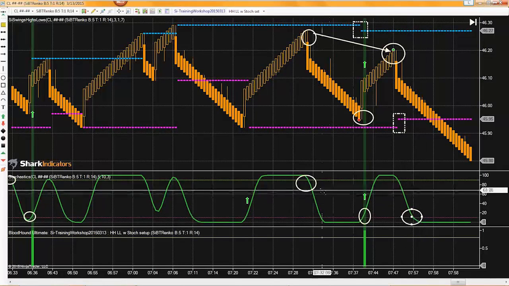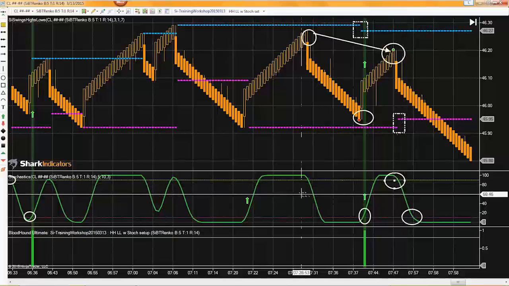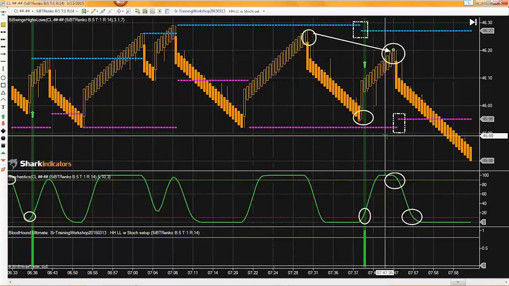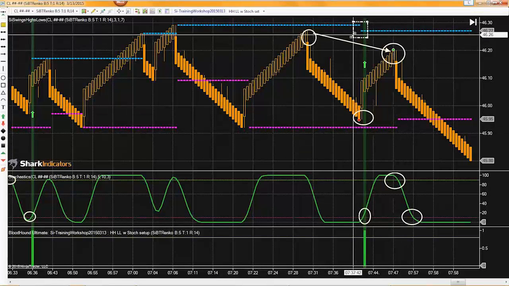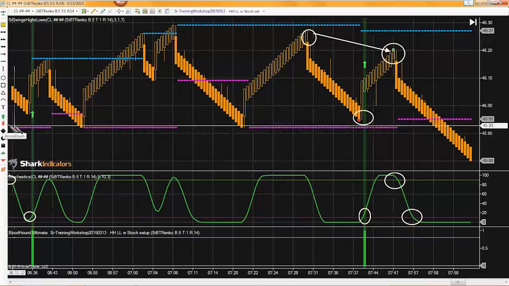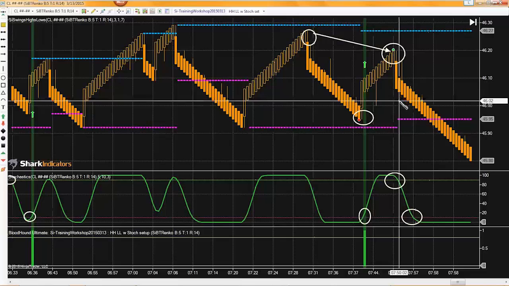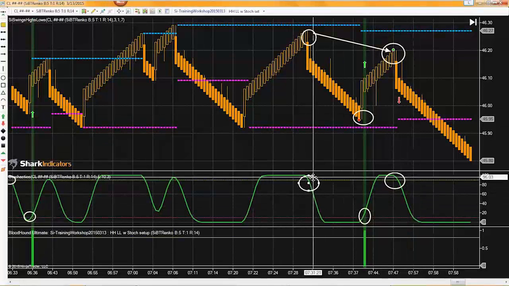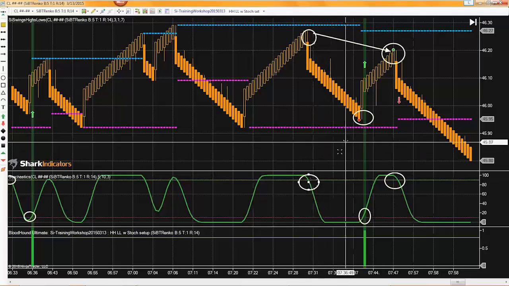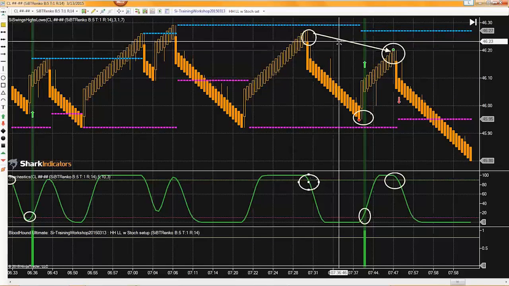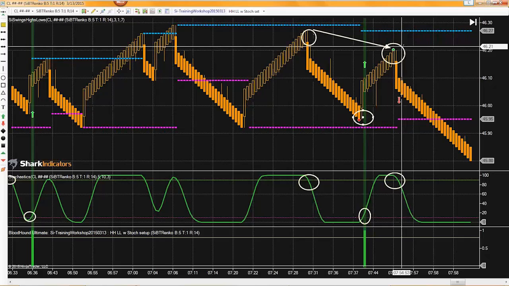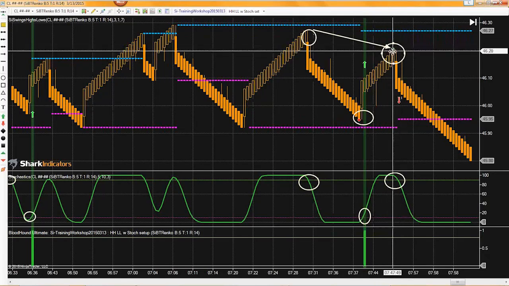While I move my little drawing aids over. All right, so for a short signal, we have condition 1, condition 2, and then condition 3 with a lower high. So condition 3 requires a lower high.